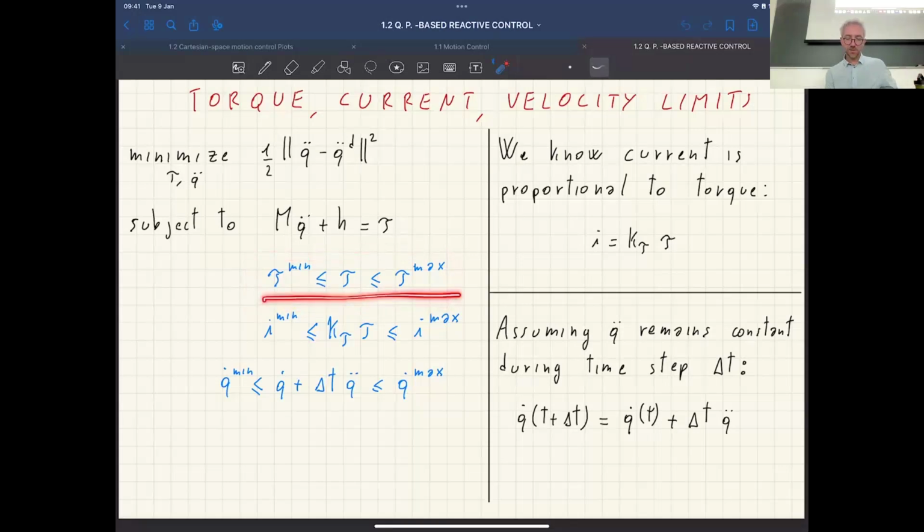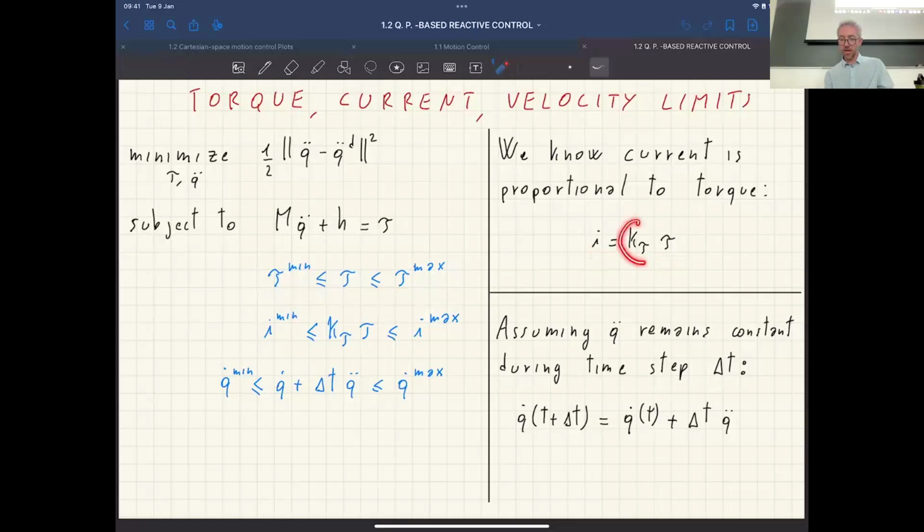Why can we add that? Well, because this constraint is linear. They are simple bounds, so they are linear constraints. We can also account for current limits, because current in electric motors is proportional to torque. I wrote it here on the side.